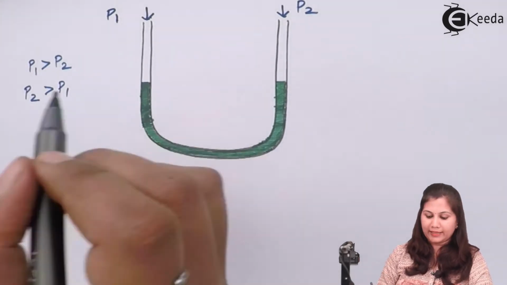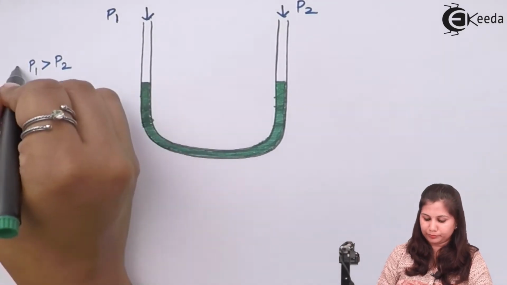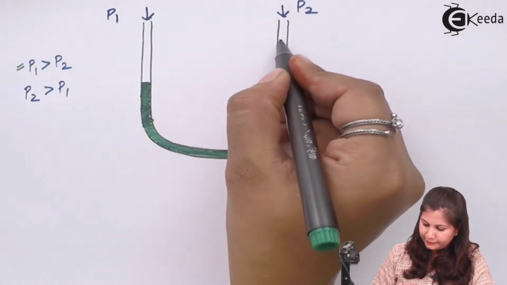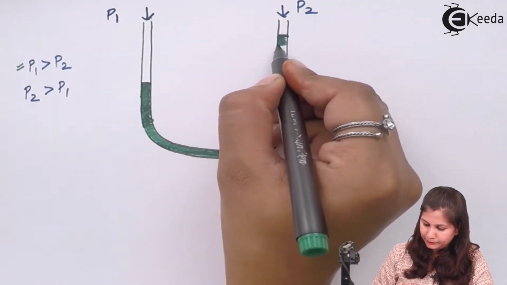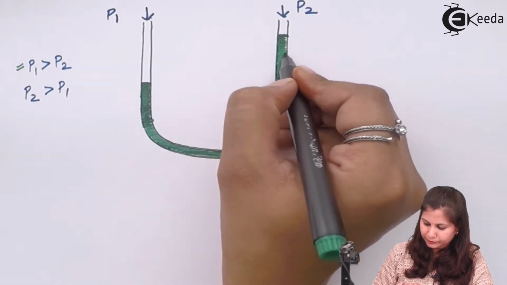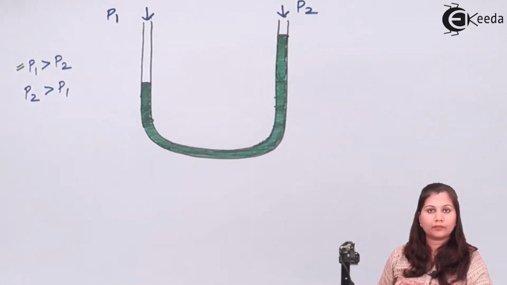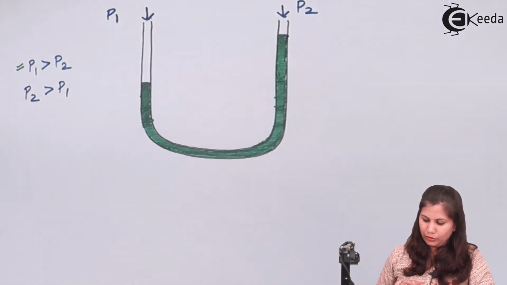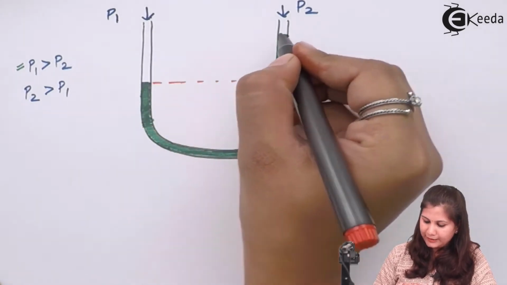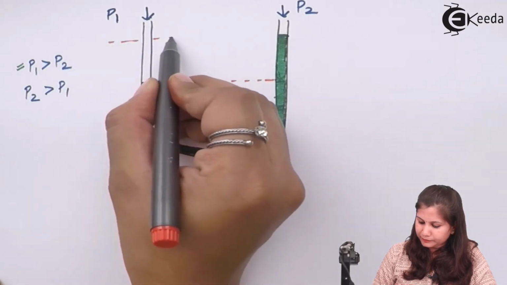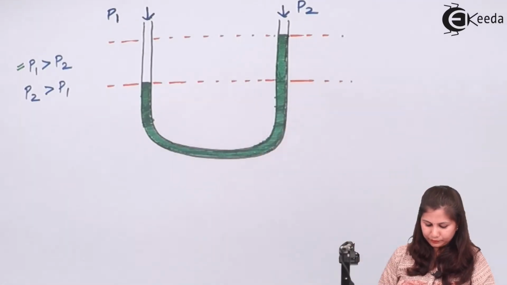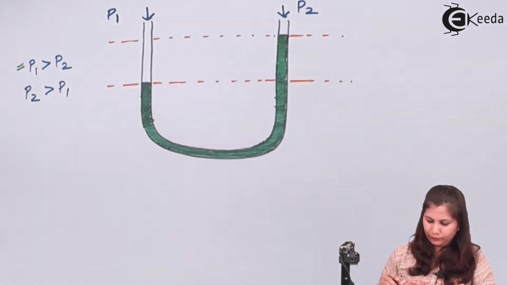Now here we suppose that P1 is greater than P2, that is this condition. So liquid will be displaced to the right hand side. Its level will be increased. So earlier the level was this and now the level has changed.